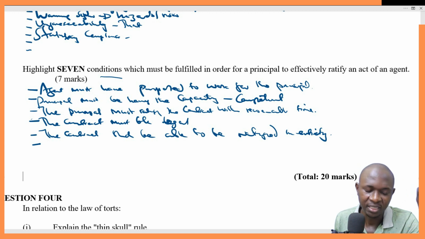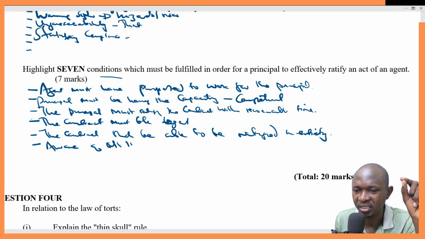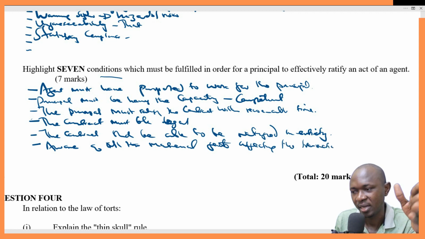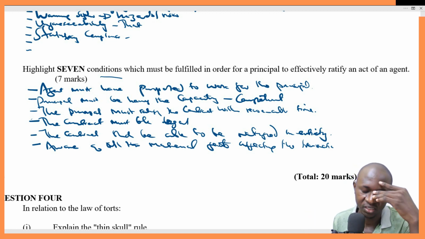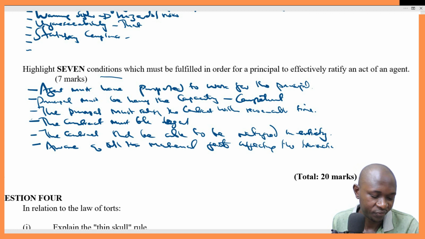So what we are saying here is that the principal must be aware of all the material facts affecting the transaction. So there must be disclosure, and we are talking about full disclosure of all the factors that can affect the transaction, so that when he ratifies, it is something that he is well aware of.